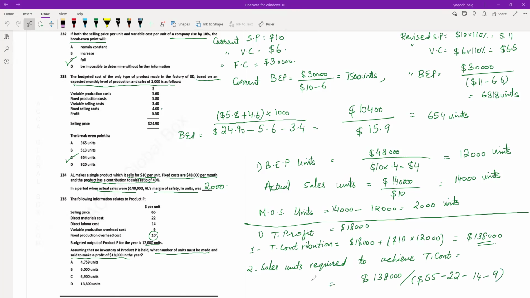So 138,000 divided by 65 minus 22 minus 14 minus 9. So 6,900 units are the required sales units to achieve targeted contribution.